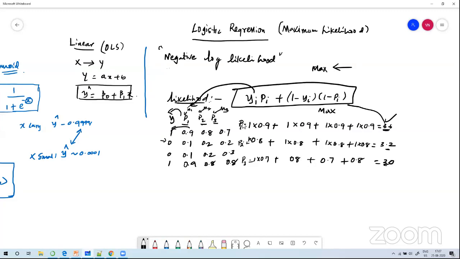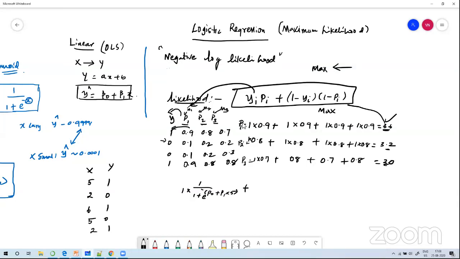Now, let's say we have x and y: preparation for exam 5 hours passed, 2 hours failed, 6 hours passed, 5 hours failed, and 2 hours passed, something like this. Now, if we substitute this into the likelihood equation, yi is 1, then pi is nothing but the probability, which is 1 by 1 plus e to the power of minus (beta naught plus beta 1 into 5).